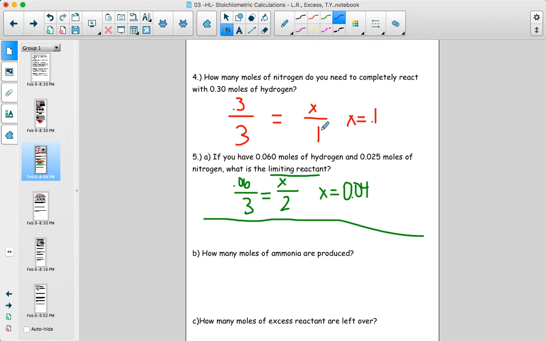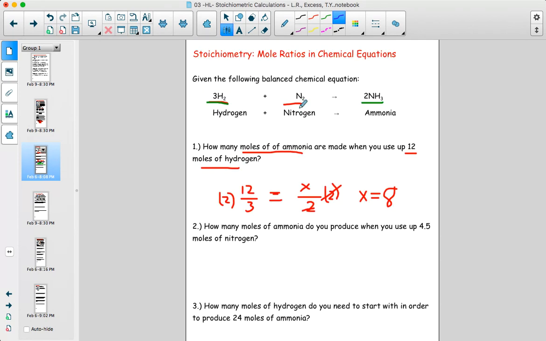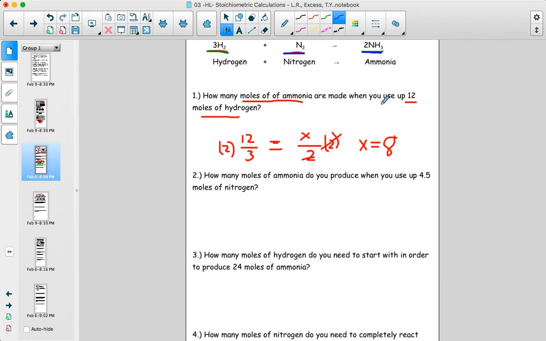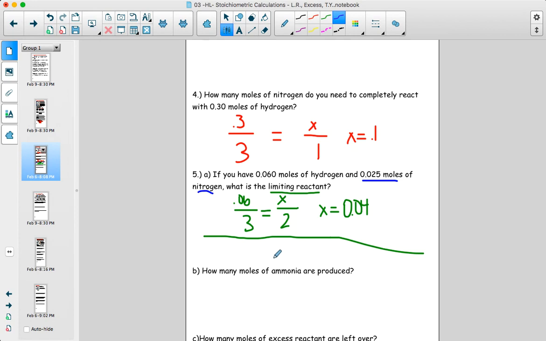Okay, great. But I don't know if that's the amount that matters. So I have to check the other amount too. So I also know that I have 0.025 moles of nitrogen. So I go back up to my equation and I see that nitrogen has a 1 in front of it and ammonia has a 2 in front of it. So now I'm going to do the same thing, but with that mole ratio. So this ratio is 1 to 2.